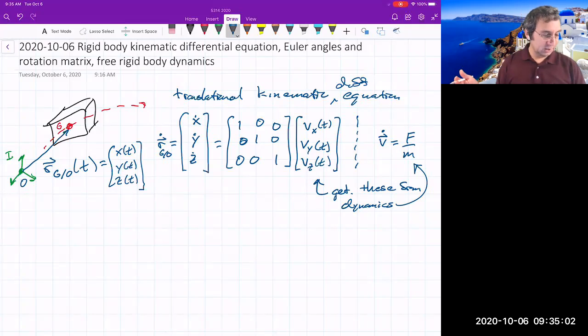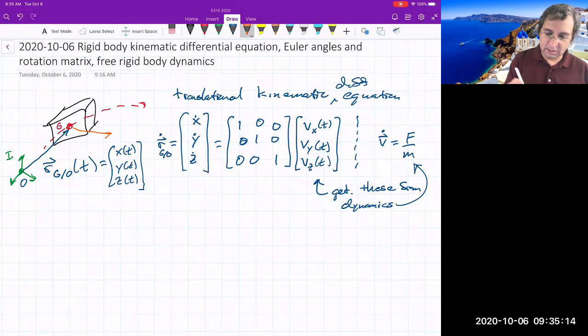For rotations, it's different. So what if we were trying to use the Euler angles? Well, we've got lots of different things going on. We would have the velocity of this point.